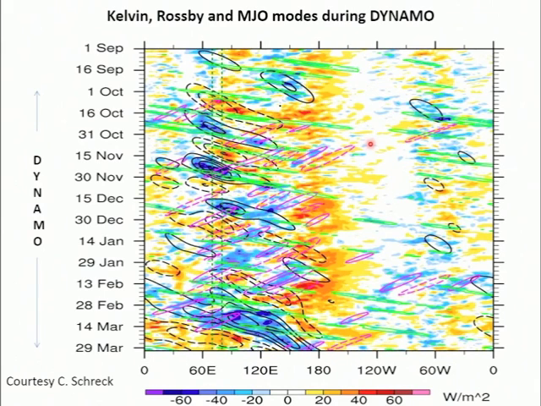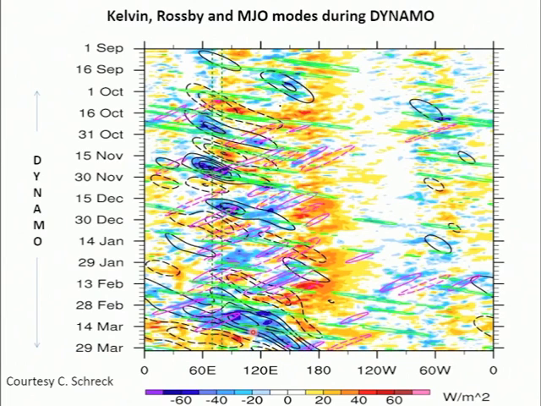This is the composition in tropical modes, atmospheric modes, equatorial modes, Kelvin waves, Rossby waves, and MJO during DYNAMO of the OLR field, averaged from 7 south to 7 north. You can see with black lines the MJO events that I was just describing, with a huge event happening in February, March 2012.